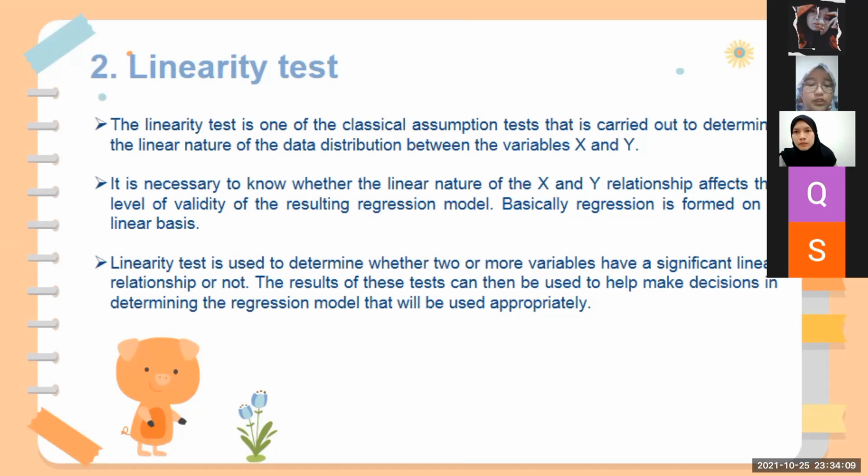The linearity test is used to determine whether two or more variables have a significant linear relationship or not. The result of this test can then be used to help decide which regression model will be used appropriately.